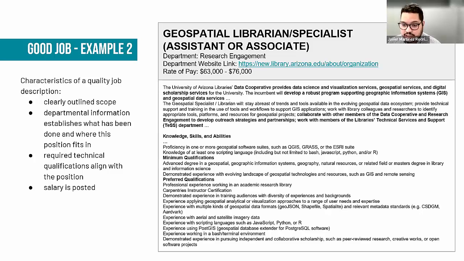We can see the required technical qualifications align with the position. They are in a laundry list. So people providing GIS services will be familiar with use of Python and GIS. And JSON files and so on are used within GIS software. Again, the salary is posted for this position.